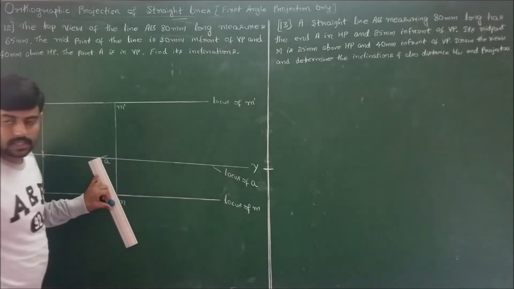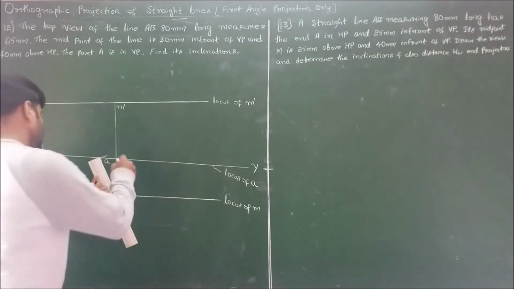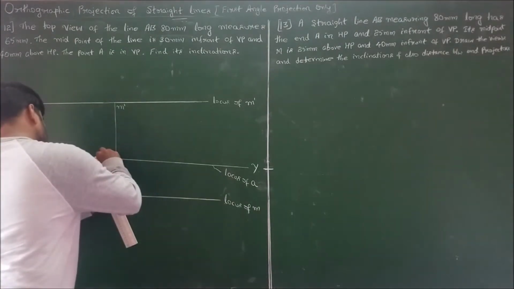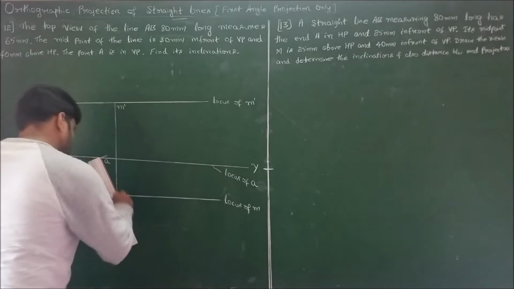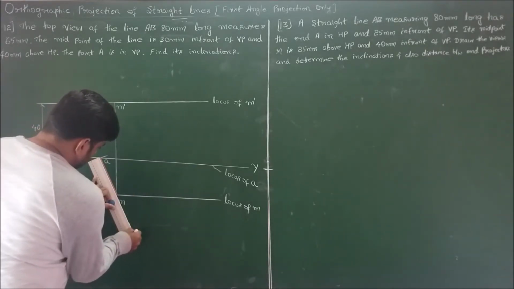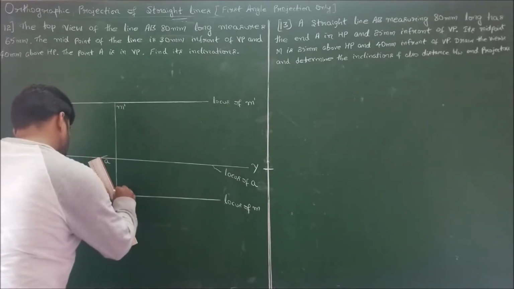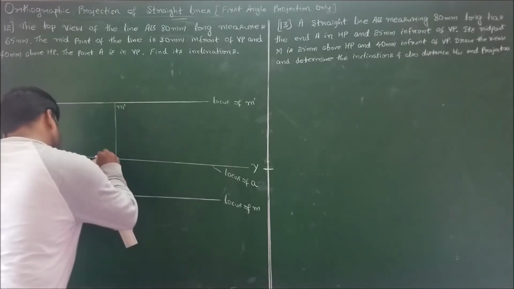Since this is apparent, I should use a different chalk. That 32.5 I have drawn. Now extend 32.5 forward, so you get it like this.